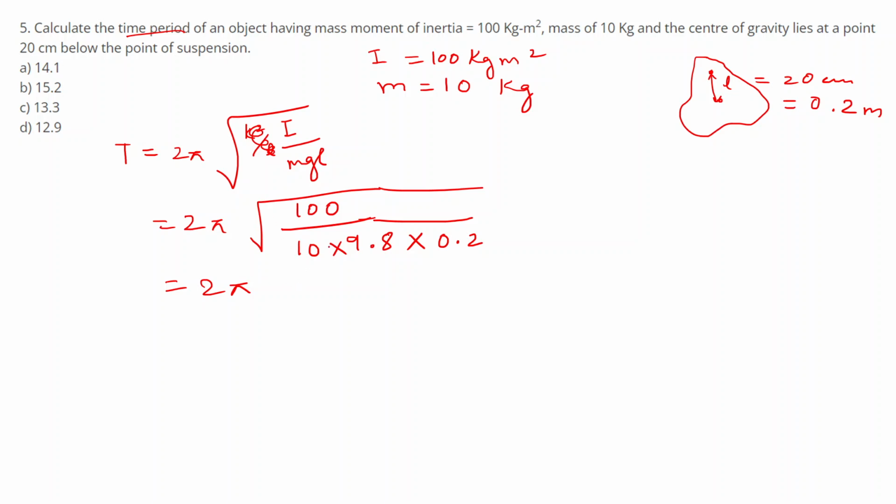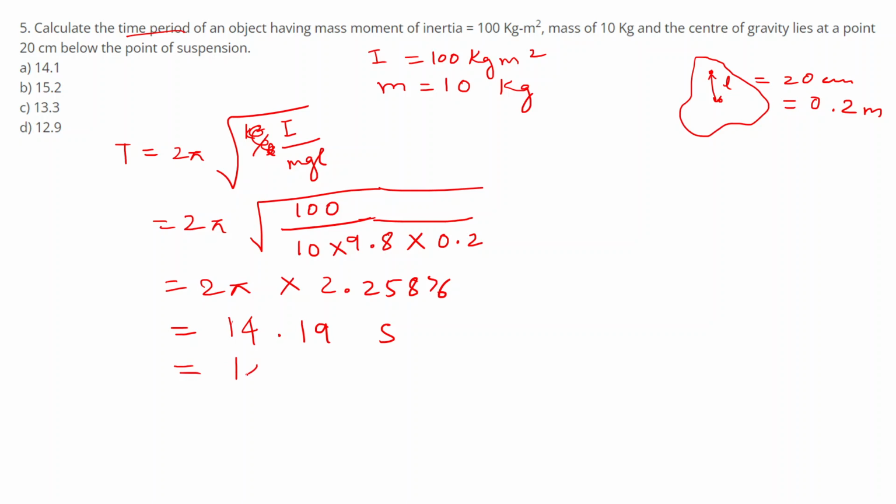Under root, when I solve this, I get 2.25876. When I multiply by 2 pi, it will be 14.19. I'm getting the value 14.19 second.